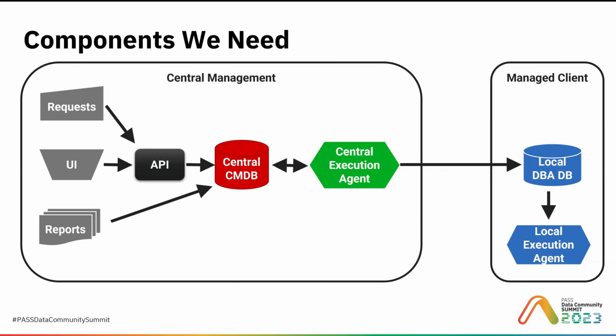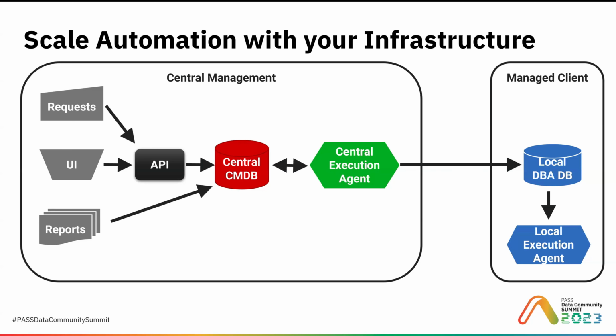So these central execution agents also collect the telemetry from all the instances, like the list of databases, the permissions, the sizes of the databases and all that. So that the central CMDB has all that information, and you can easily have reports and trending on that, which helps you make decisions in the long run.